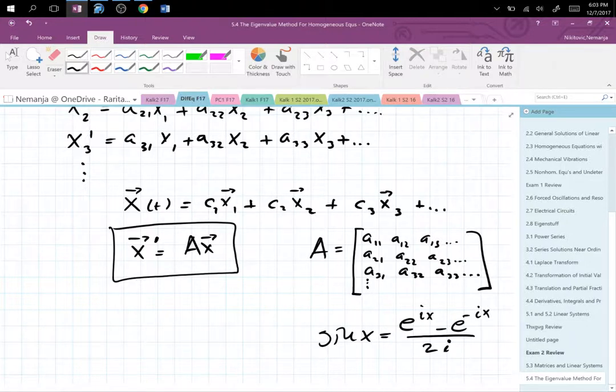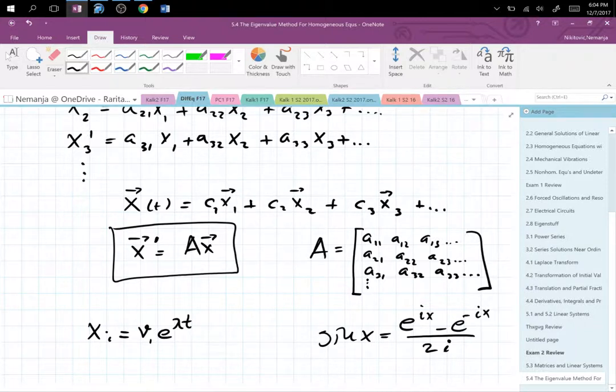So what am I going to do? I'm going to assume that the solutions xi are some kind of a vector v times e to the lambda t. Now instead of using a, lowercase a, I'm using the letter lambda, which is a Greek letter. It's equivalent to L, right?